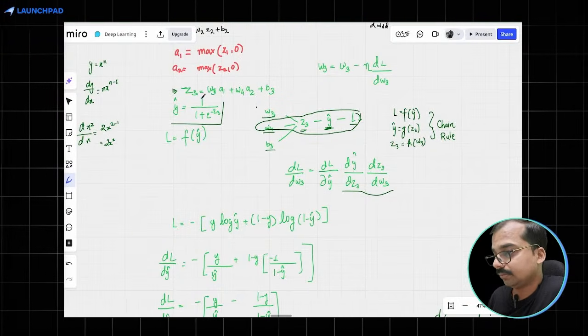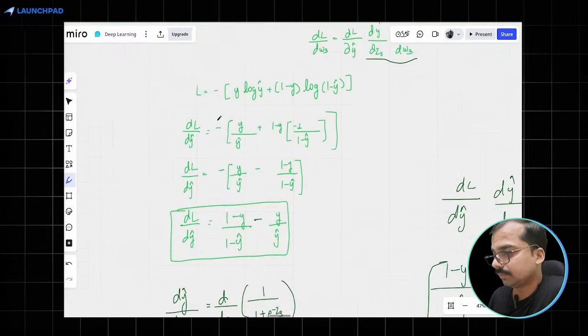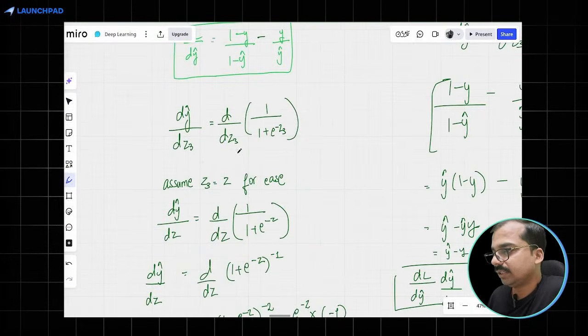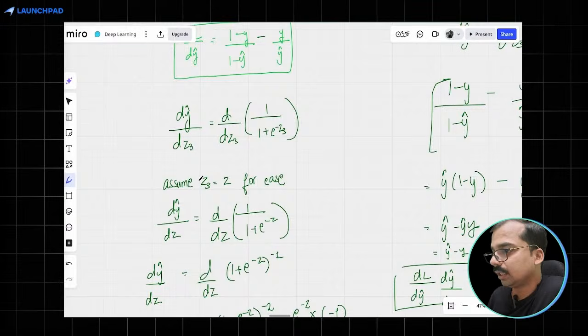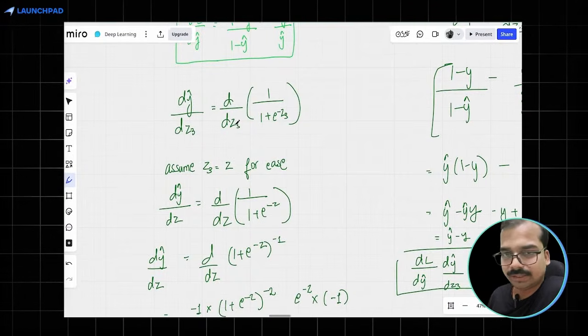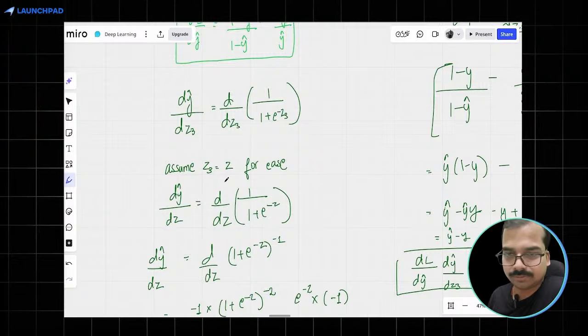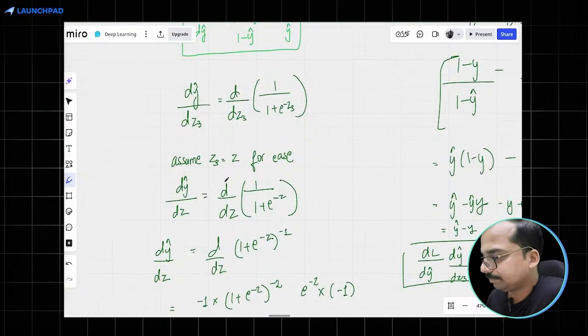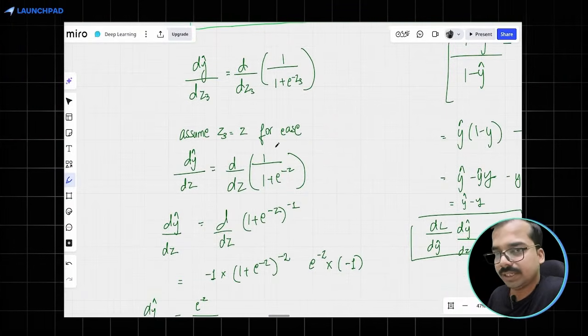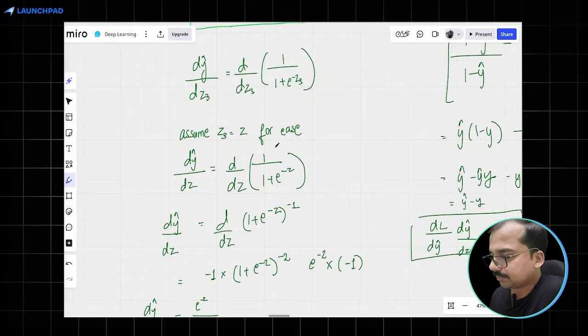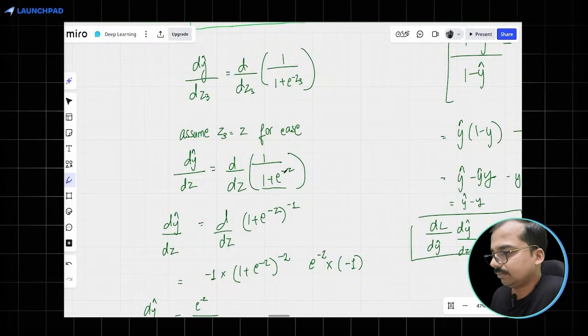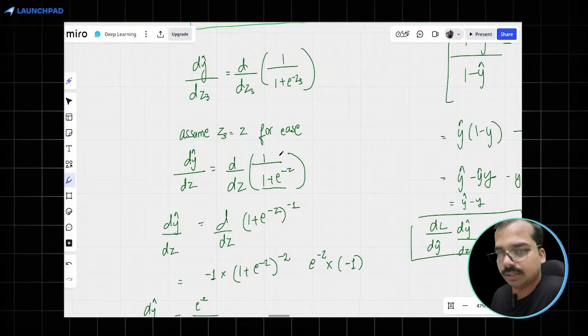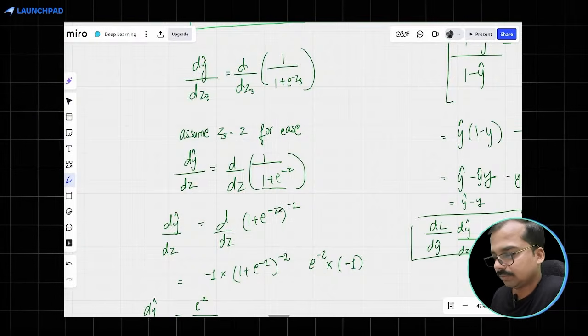So y hat is sigmoid of z3. So let's try to differentiate this. Every time I would have to write z3, that's why I've assumed z3 is z for ease of our example, right? So the equation becomes something like this. Now I can take 1 plus e to the power minus z to the numerator, so this will become minus 1.